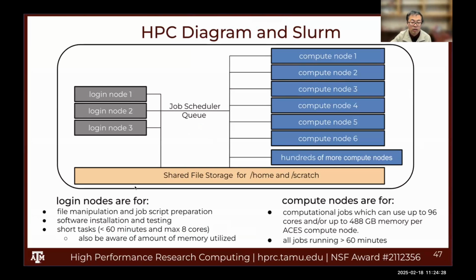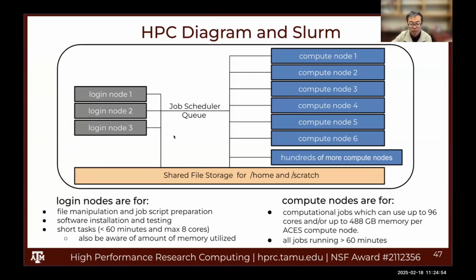So as we have done, you have your laptop and then you connect to a login node, either 1, 2, or 3. On the login node, you write your code, test your code, debug your code, and then after that, you are confident that, hey, I can let the job run on a compute node now.